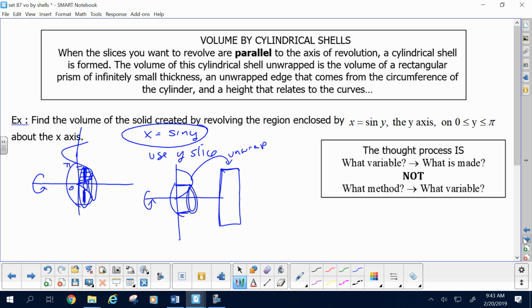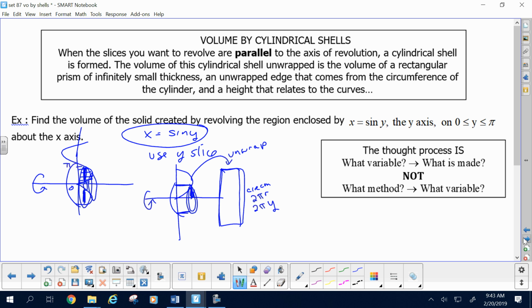All right. So right now it's like this, and I'm unwrapping it. Now this is going to be where the circumference is, which is 2 pi r. What's the radius of these slices? There's the radius. That's not x. I'm going up and down. Now the radius is y.